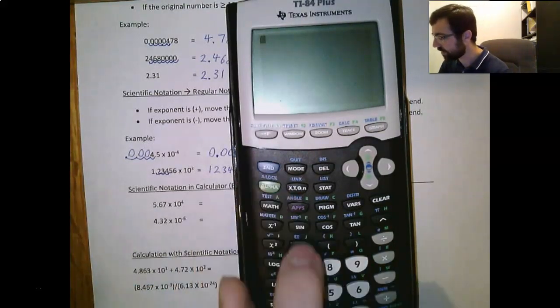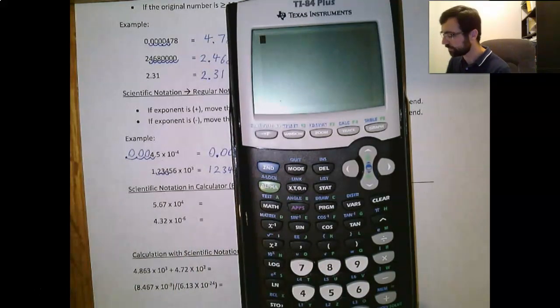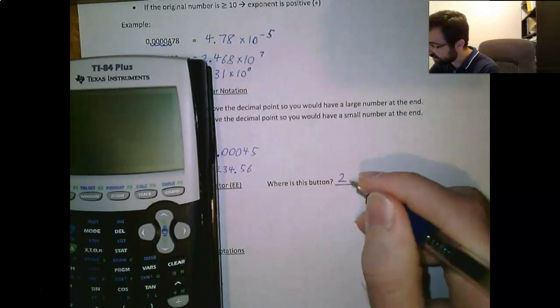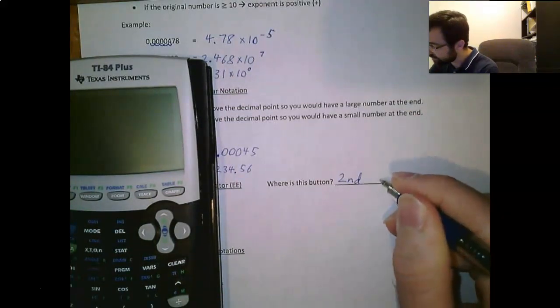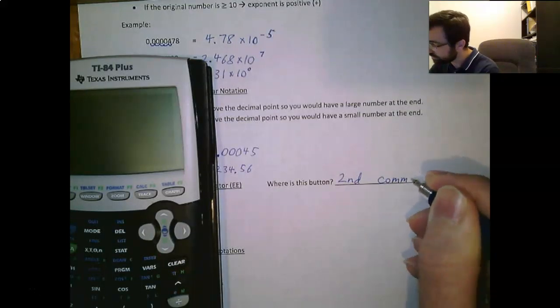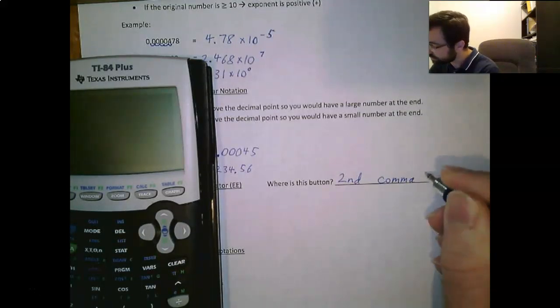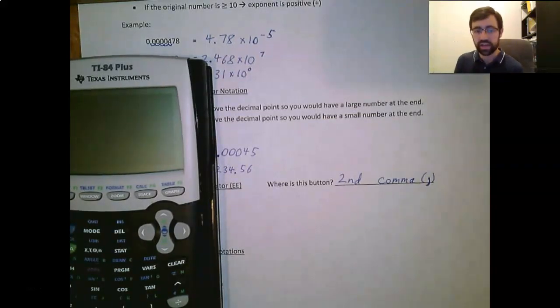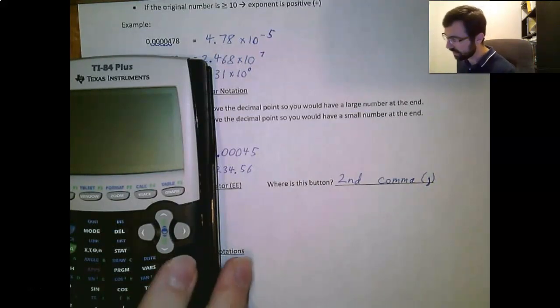Second, comma on these. That's the E button. So where is it? Second, comma. Okay, I'm just putting the comma in parentheses. So you're going to do second and then comma. We'll talk about how to use it too.